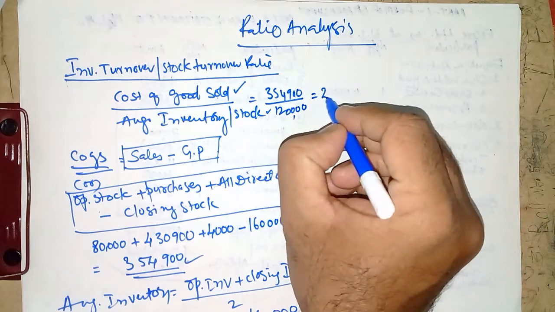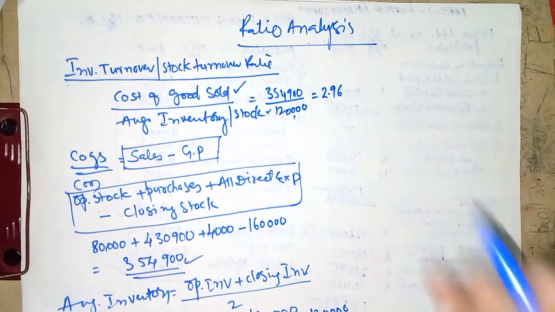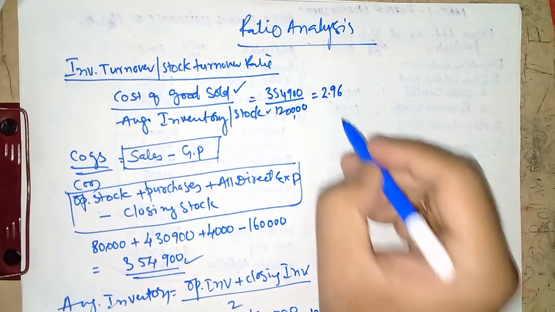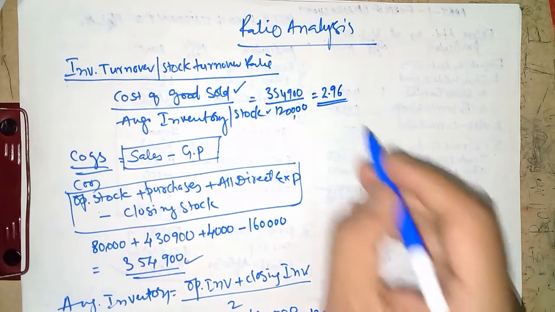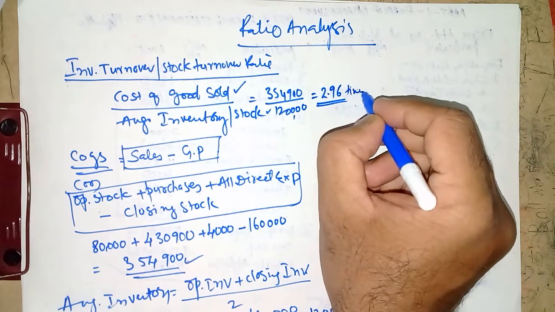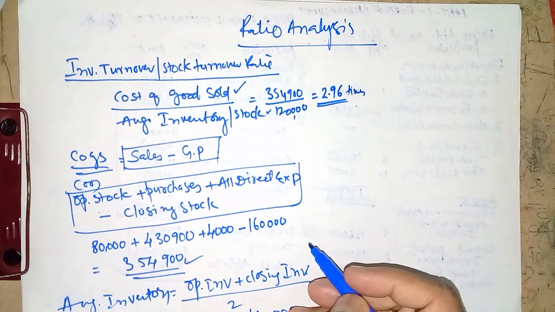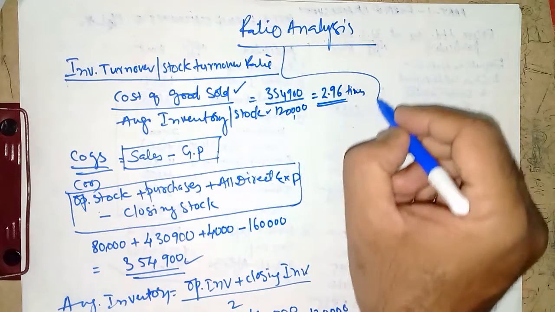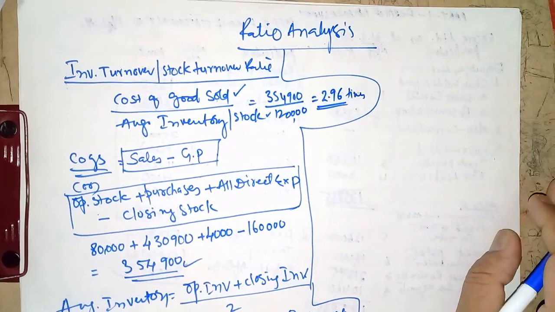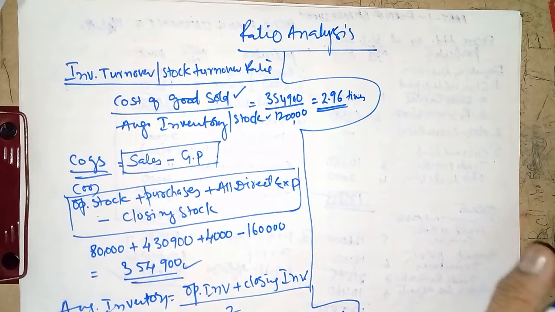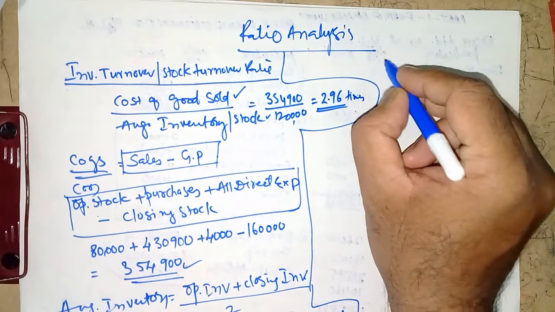That is equal to 2.96 or 2.95, something like that, right? So the inventory turnover is 2.96 times, right? Once we have calculated this, we'll proceed to the next calculation. The next ratio we are asked to calculate is the gross profit ratio.